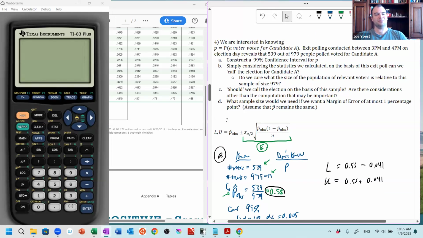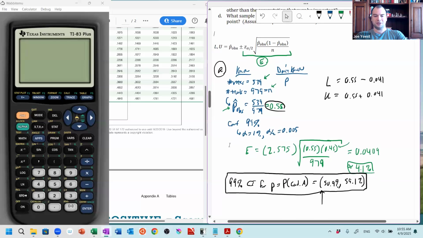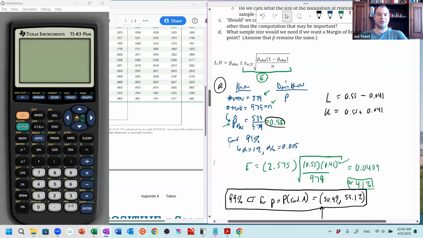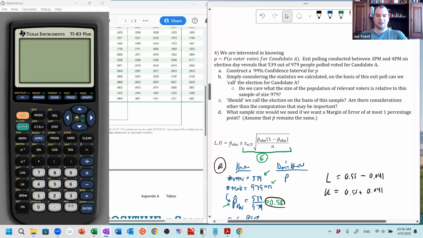I think it's kind of hard to come to polar opposite conclusions on the basis of the same numbers, but they can at least come to different conclusions, where one person might say, oh yeah, candidate A won, no ifs, ands, or buts. Another person might say, I'm leaning toward candidate A, but not really sure. And another person could say, this is so far away from being representative of the population that it's essentially meaningless.